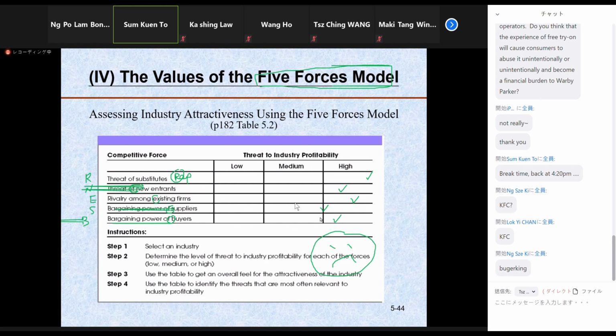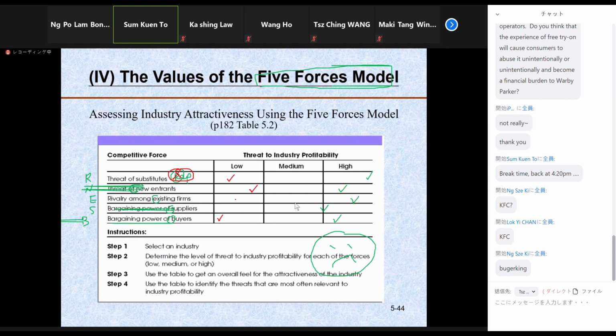On the other hand, if after your analysis you find out that, wow, as far as the buyer is concerned, they do not have many choices. Their replacement is not much, very low replacement. And that's why you are in a monopolistic situation, almost a complete monopoly, and the bargaining power of the buyer is very low. And then maybe medium for new entrants joining in, not very easy, not very difficult.